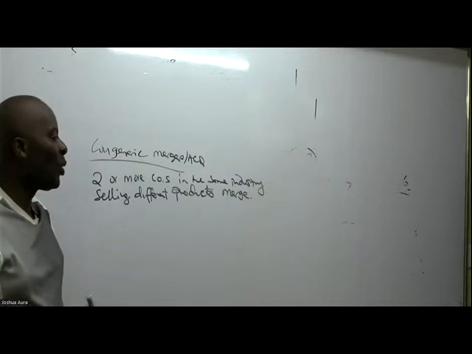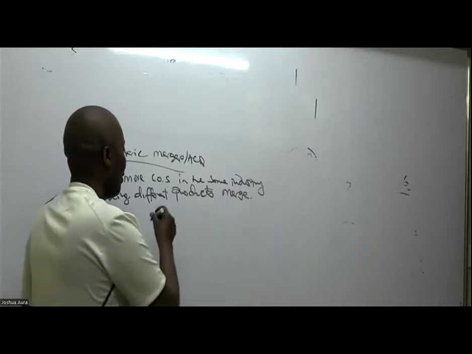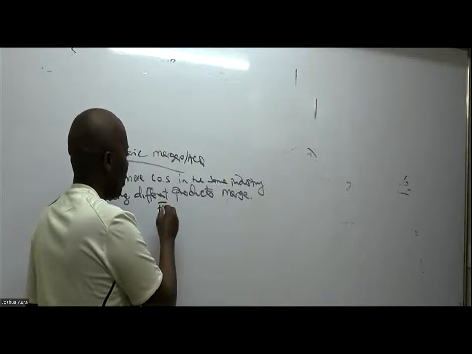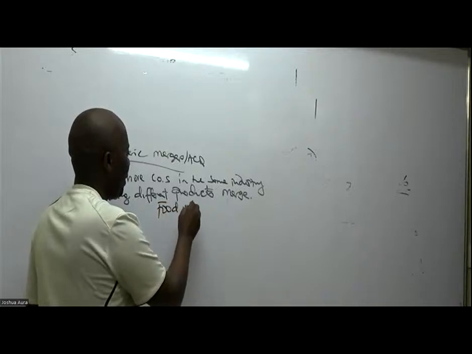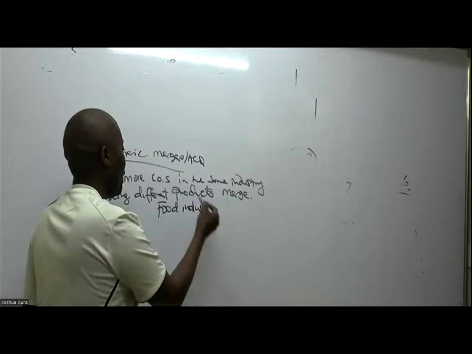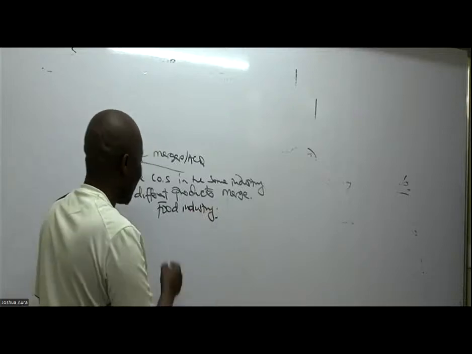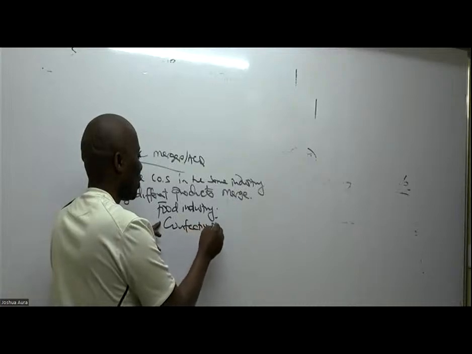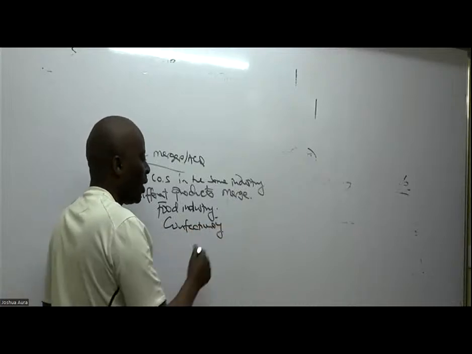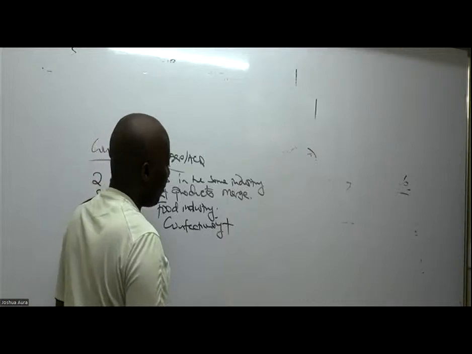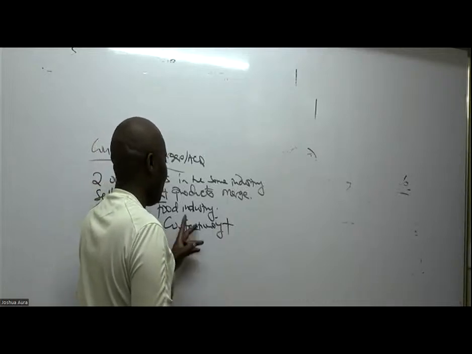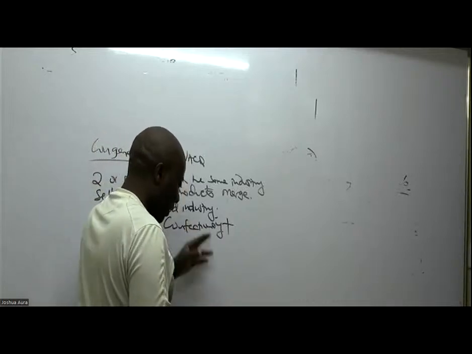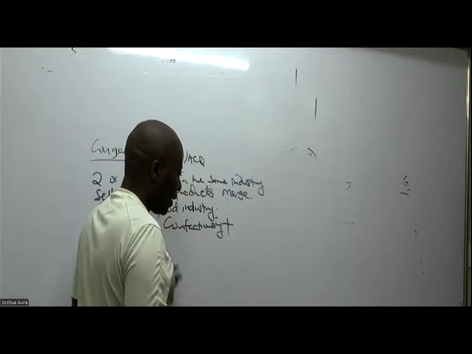So for example, we'll be looking at a food industry. In the food industry, which kind of example could I be looking at? I could be looking at, for example, a confectionery shop selling cakes, etc., plus, for example, some restaurant.